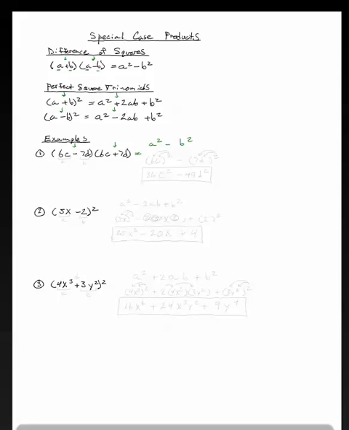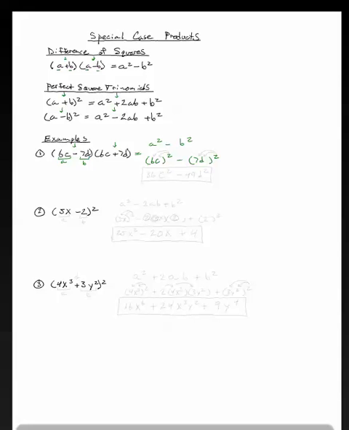So it's the first term squared minus the second term squared. Well, our first term is our a term, our second term is our b term. So we want the first term squared minus the second term squared. That's going to be 6c squared minus 7d squared.